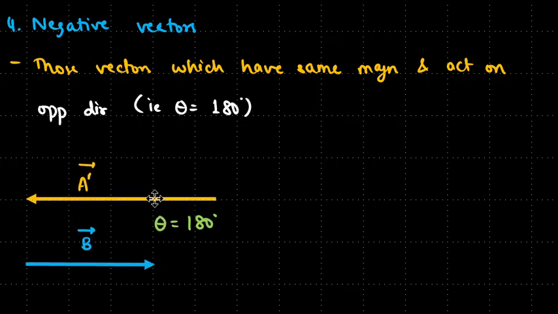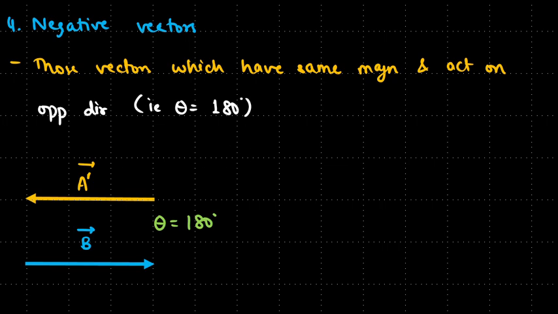Let's line it up to make it much easier for me. So these are negative vectors. Since A and B have the same magnitude and act in opposite directions, they will be called negative vectors. And do you want to know why they are called negative vectors?